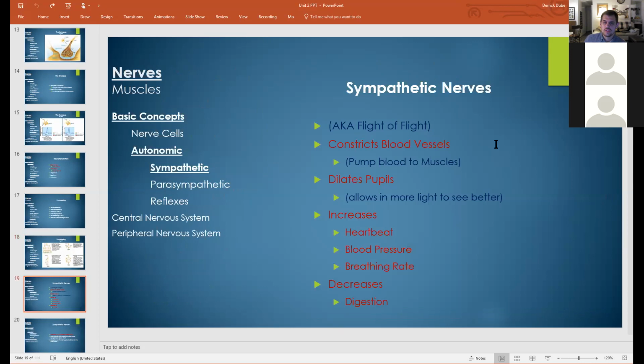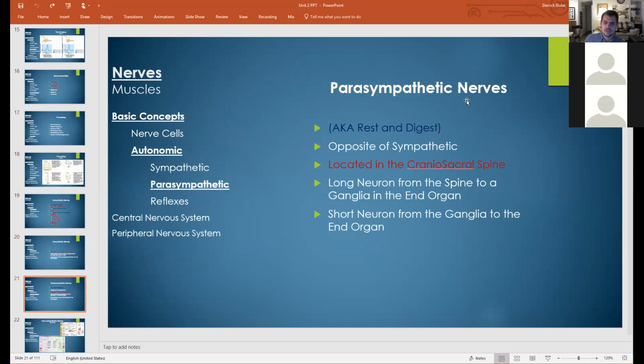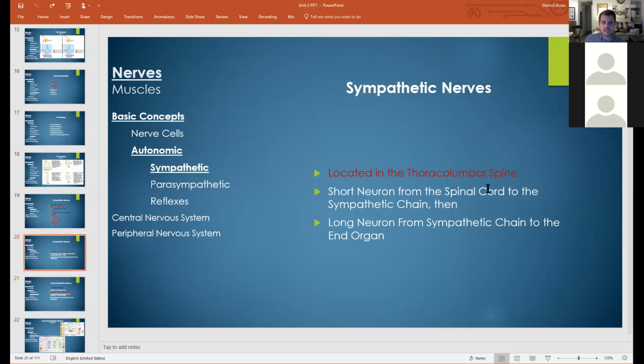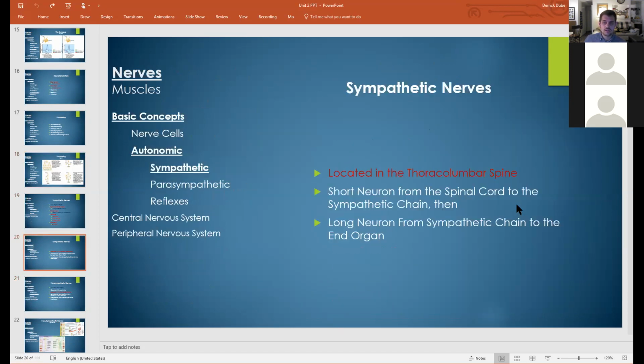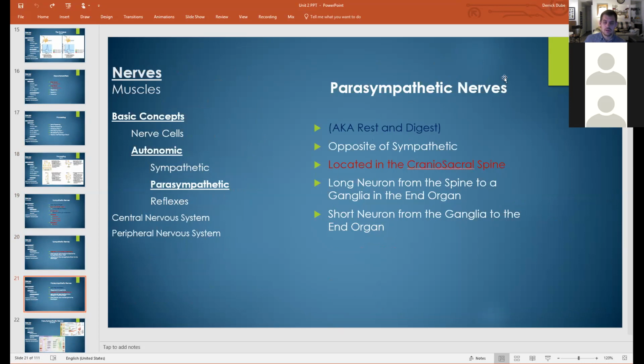So let's see. Okay, sympathetic versus parasympathetic. If I were a teacher making a test and I understood, especially for the medical community, how important understanding these two words, sympathetic and parasympathetic, is, I would probably make a lot of questions on the test about it, just hypothetically.